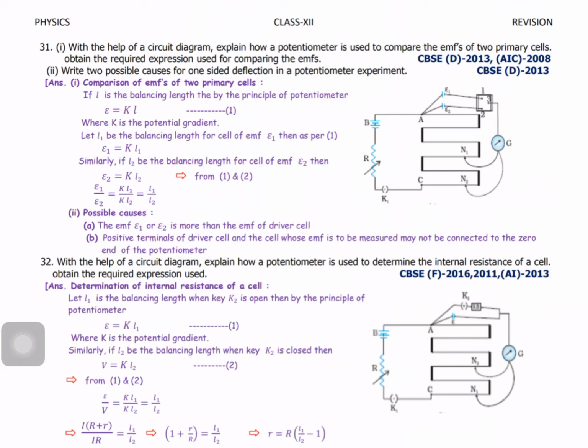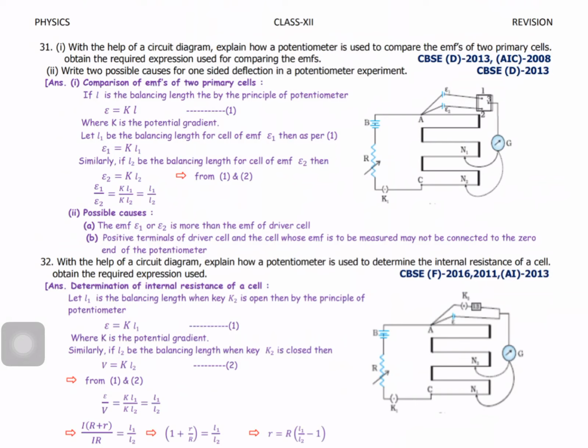Next one, positive terminals of the driver cell and the cells whose EMF is to be measured may not be connected to the zero end of the potentiometer. So these are the reasons to get the one-sided deflection in the potentiometer experiment.